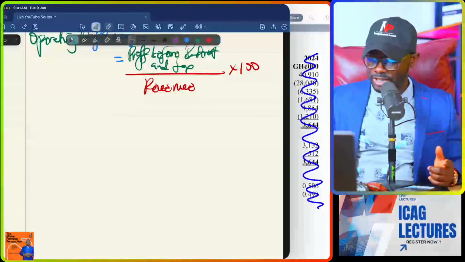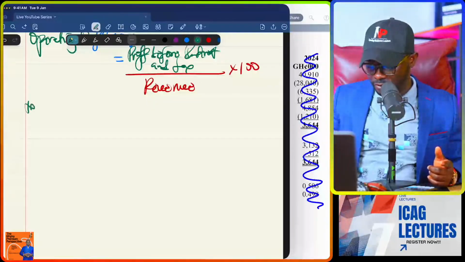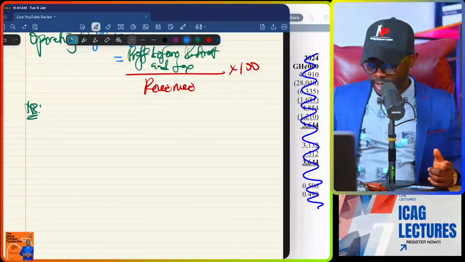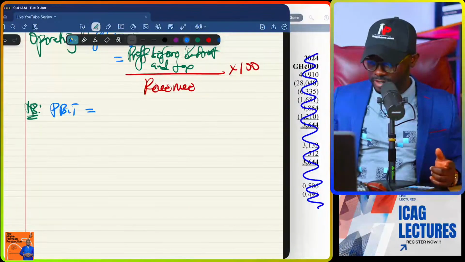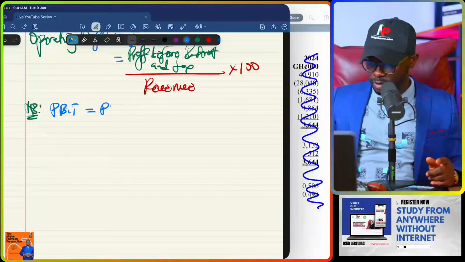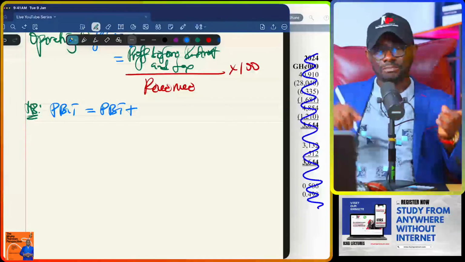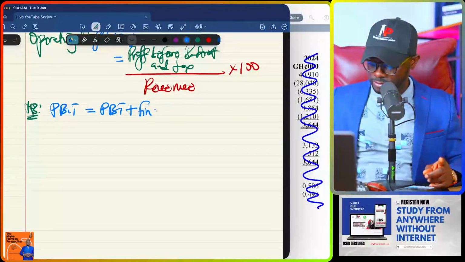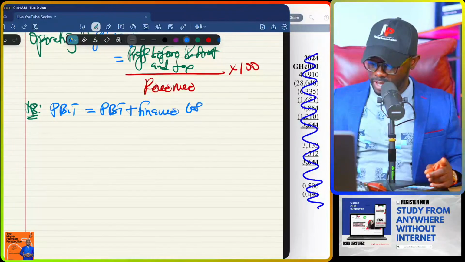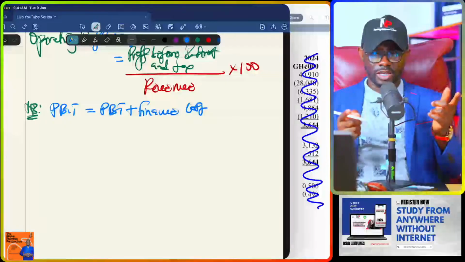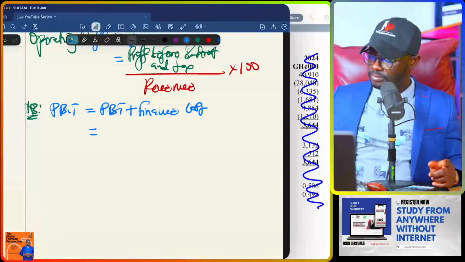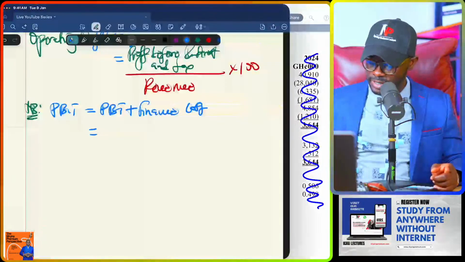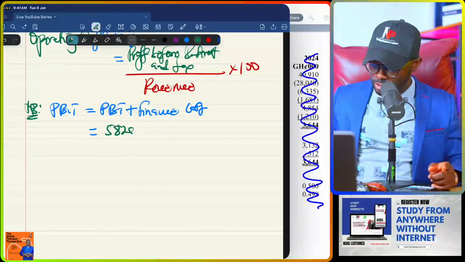So I'm in class, so permit me to just put a note here for you. So PBIT, profit before interest and tax, is going to be profit before tax. Then you add back finance cost. Sounds good? You add back finance cost. So that's how you get PBIT. And so profit before tax is 5825.